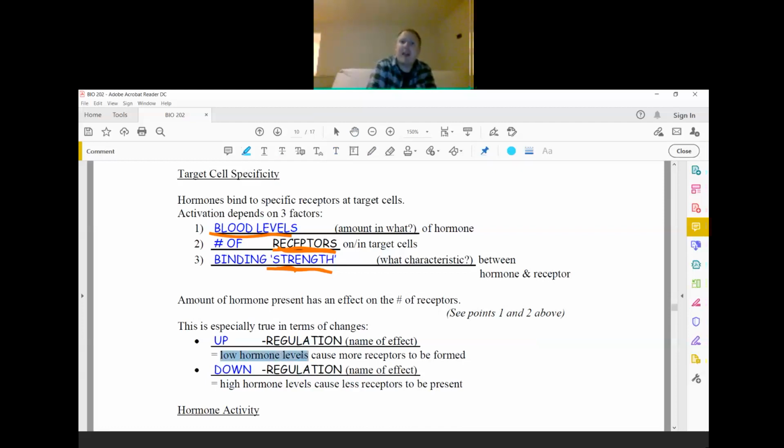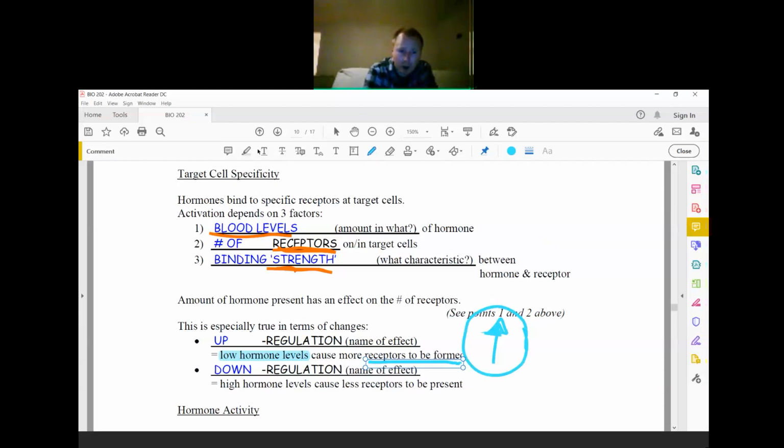Like here, if we have very little hormone present, the body still will want to notice when that hormone is released. So in response to that, we actually form more receptors. This is known as upregulation. So low hormone levels cause more receptors to be produced.